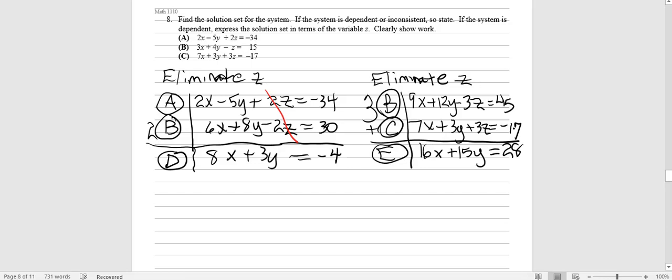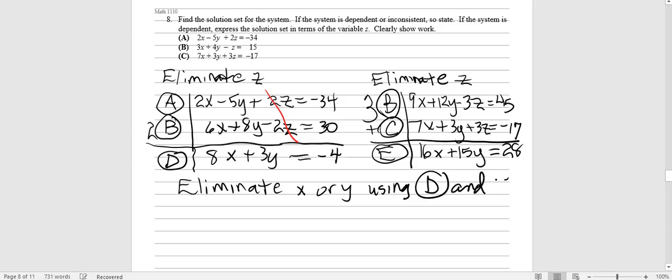And I'm going to focus now on eliminating x. I could really eliminate at this point x or y. And of course I'm going to be using equation D and equation E. So I'm going to do negative 2D plus E. And that will eliminate my x term.